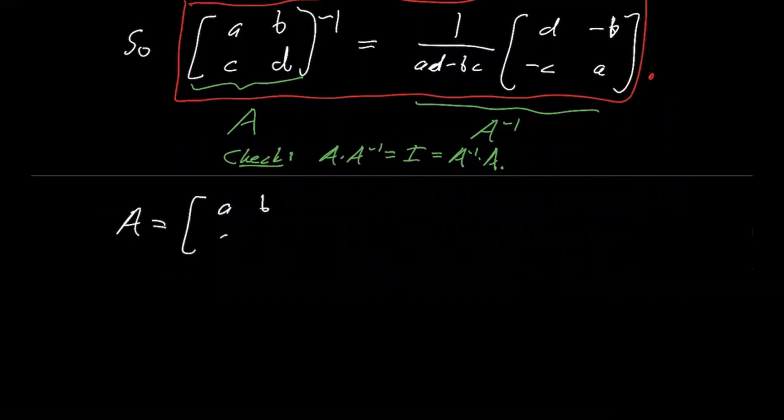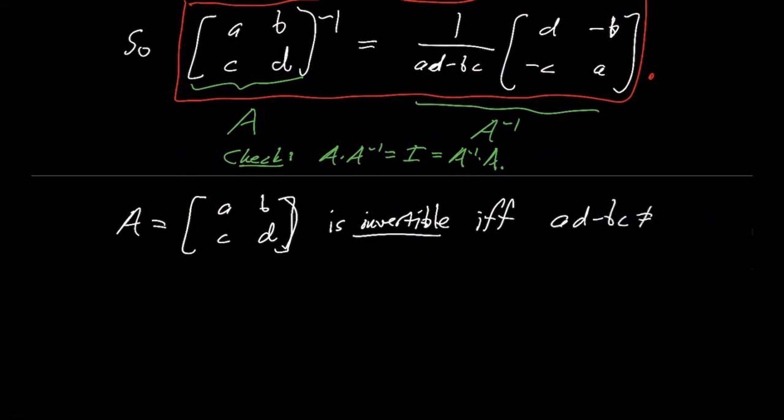This matrix is invertible if and only if AD minus BC is not 0, because otherwise we can't divide by 0, right? And we actually saw that this is equivalent to there being 2 pivots in the matrix when we row reduce this matrix.